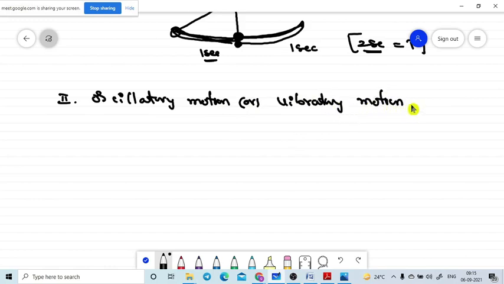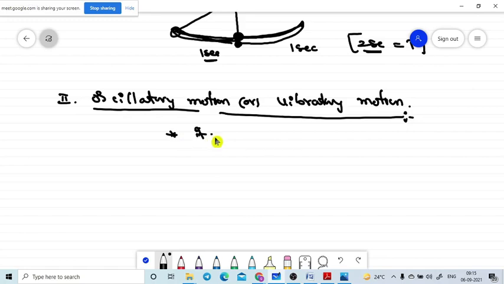This is important for us. Oscillatory motion and vibratory motion are a special case of periodic motion. So it is a special case of periodic motion.